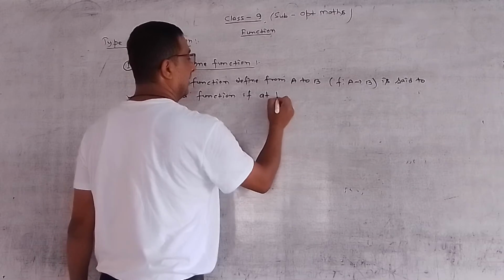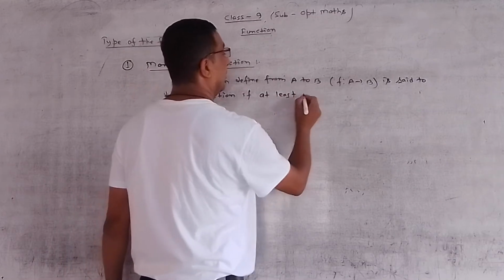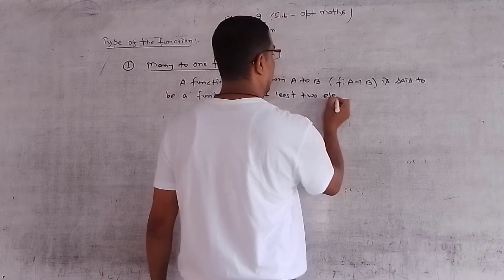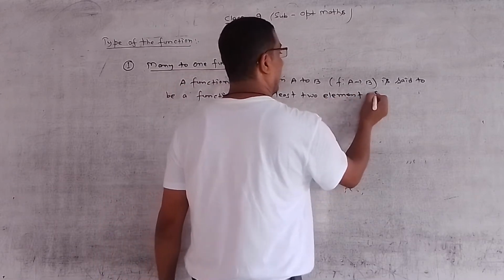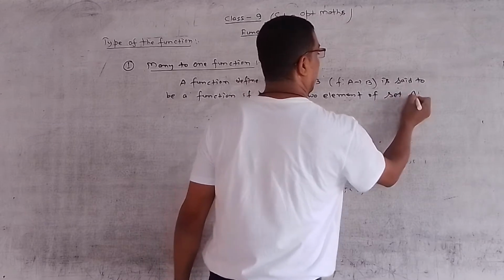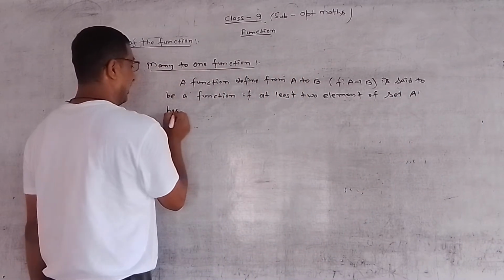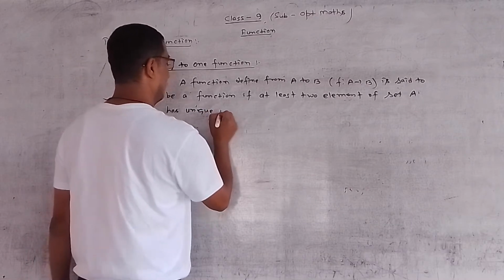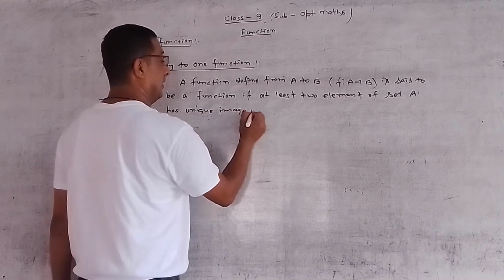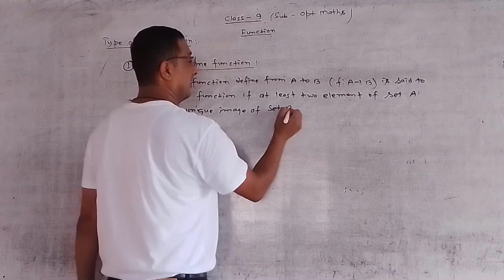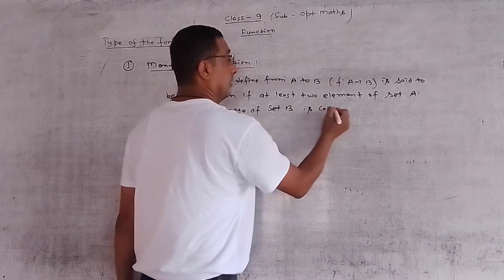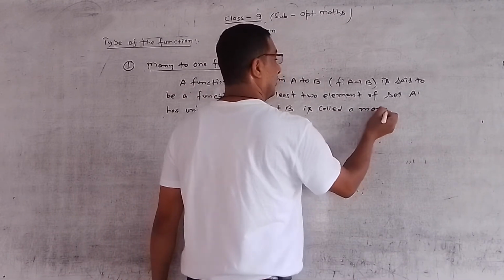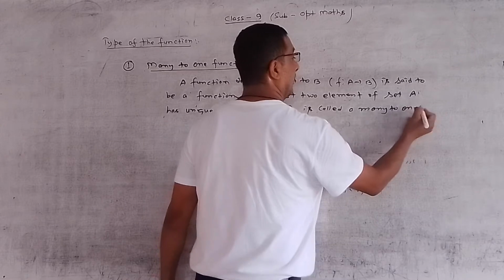If at least two elements of set A have a unique image in set B, it is called a many-to-one function.